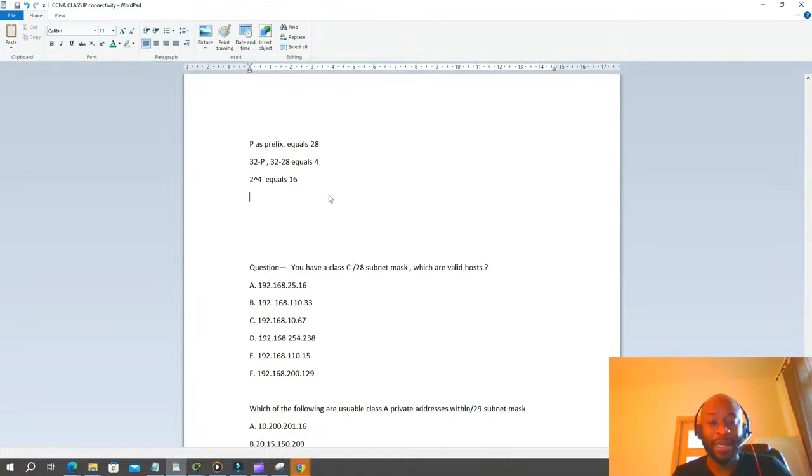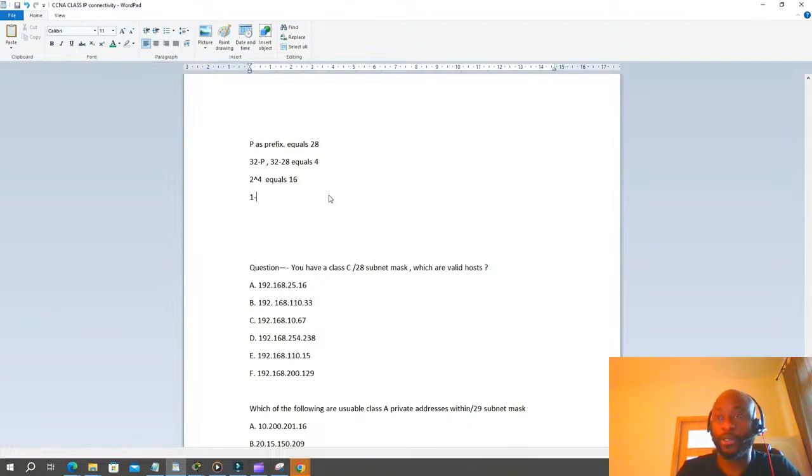So again, remember this is slash 28. So when it's slash 28, you have to calculate the closest classful IP range. Class A is between 1 and 126.